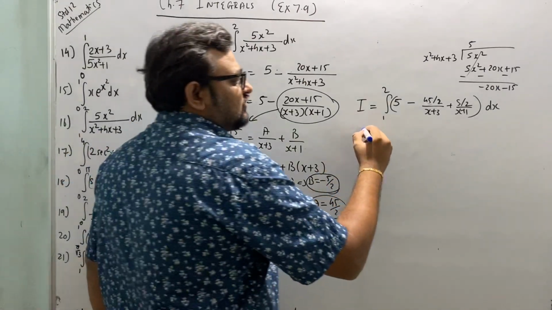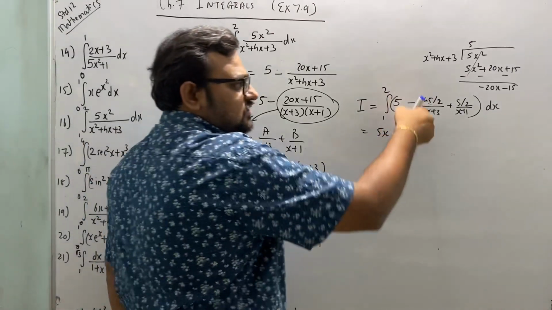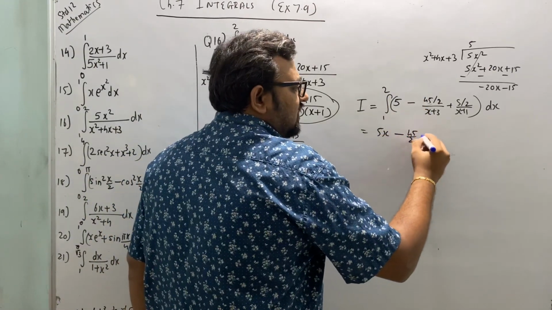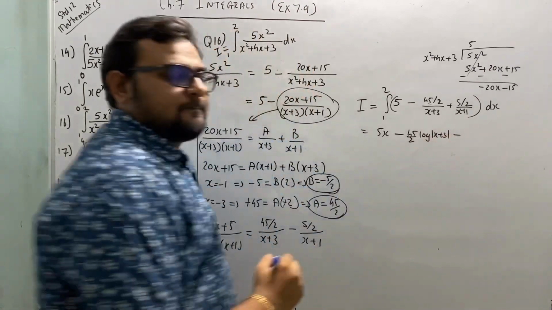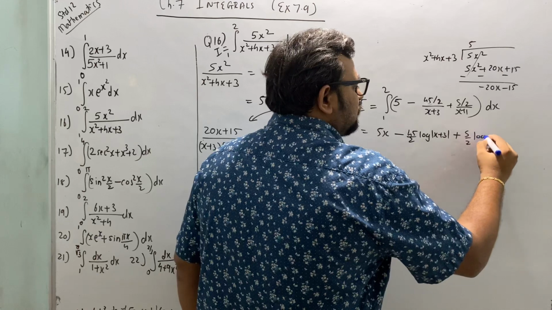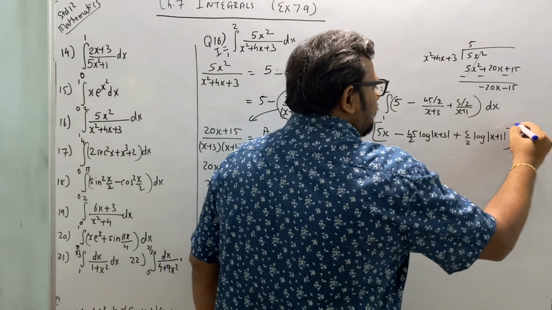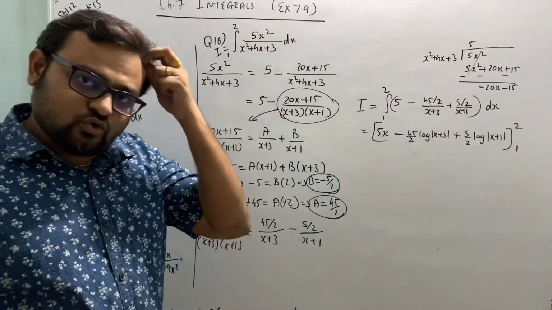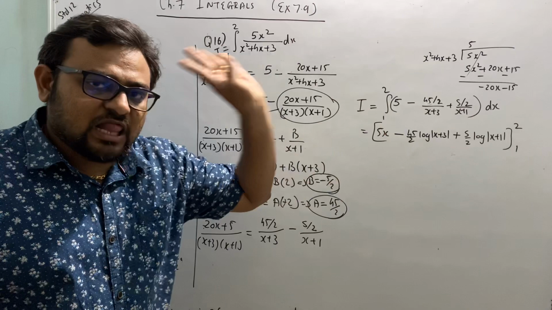Clear? So integration is 5x minus 45 by 2 log x plus 3 plus 5 by 2 log x plus 1, from 1 to 2. Clear? So now we'll put the value of upper limit and lower limit.